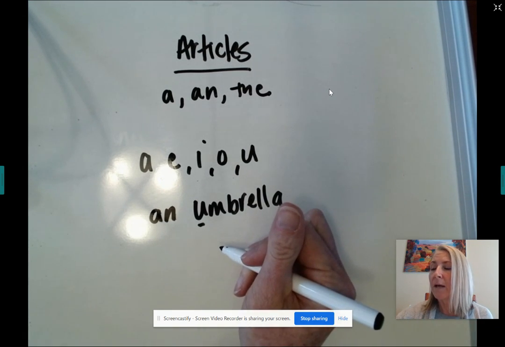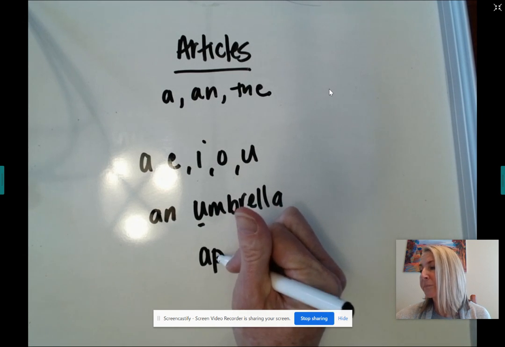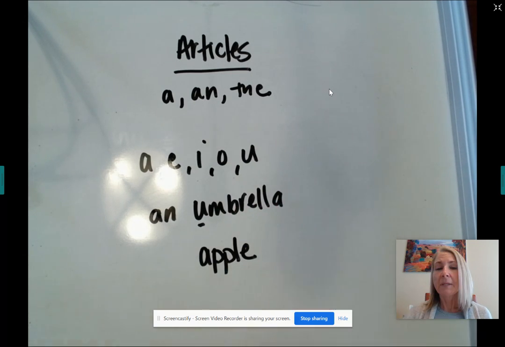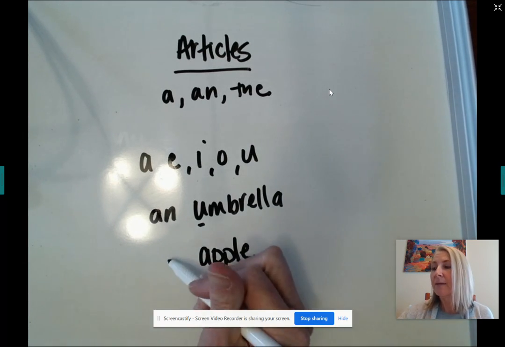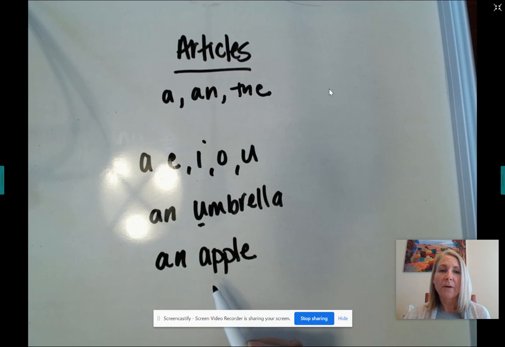Let's try another one. If I said apple, please get me a apple, or please get me an apple, an would be correct. This is an area where I see mistakes all the time in our writing, because oftentimes it isn't something we pay close attention to.